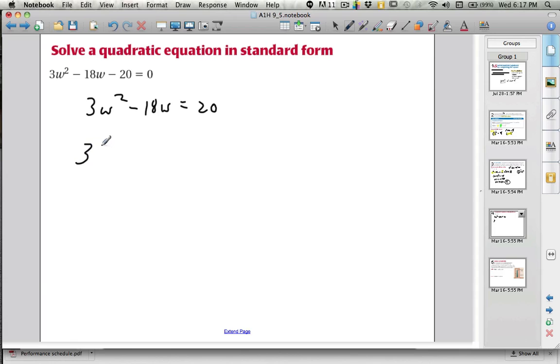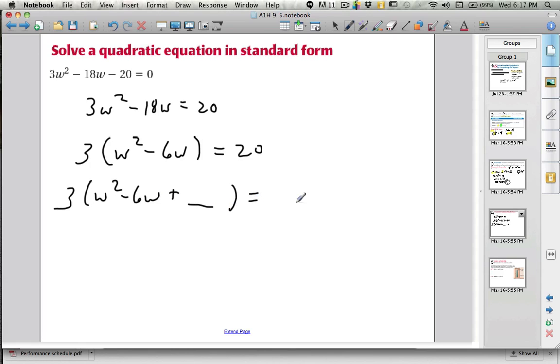So if I factor a 3 out, I'll get w squared minus 6w equals 20. And now I know that I'm going to take this 3 and the w squared minus 6w plus some value, and it'll be 20 plus some value.